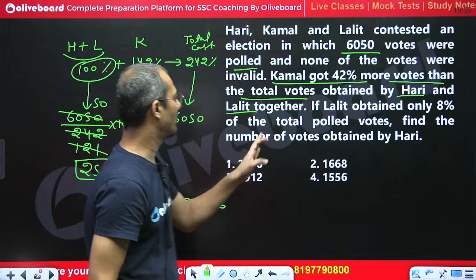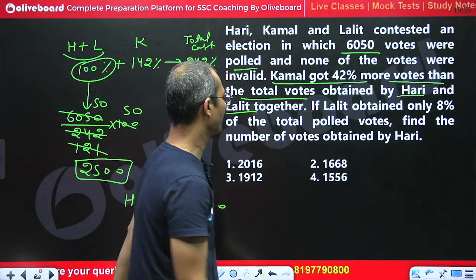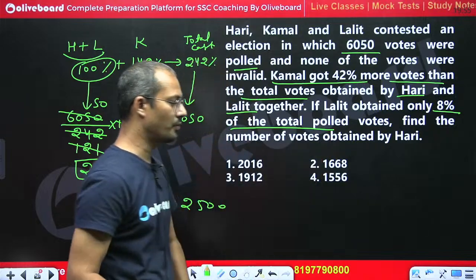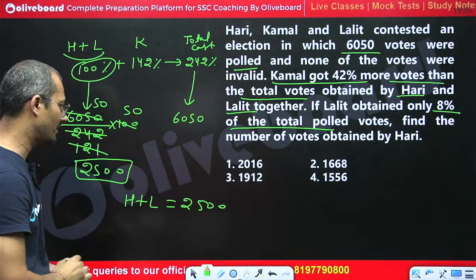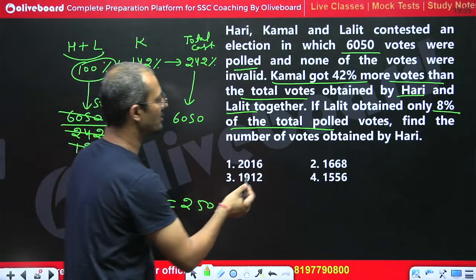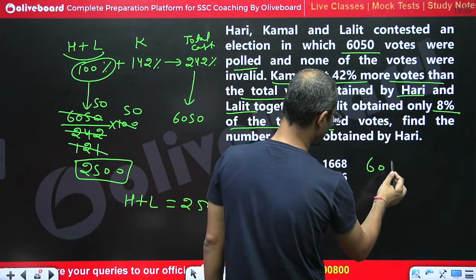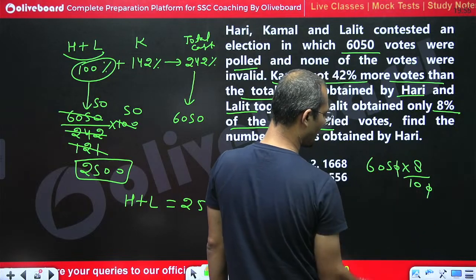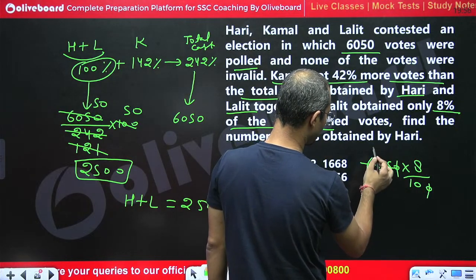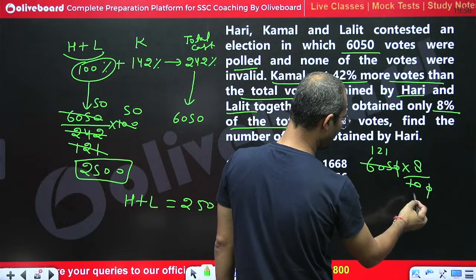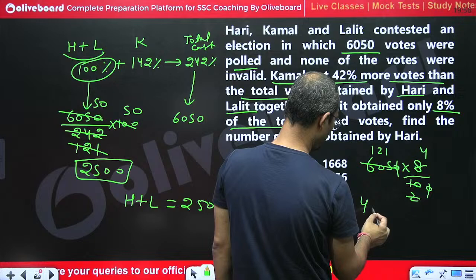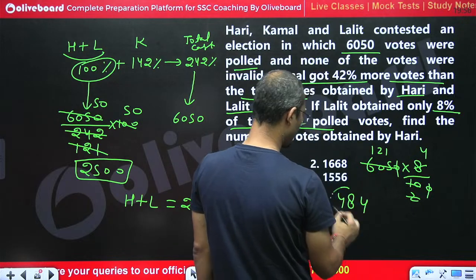So we are given in the question that Lalit obtained 8% of the total polled vote. The total vote is 6050. Lalit got 8%, right? So how much is 8%? 121 times 4, so this would be 484.